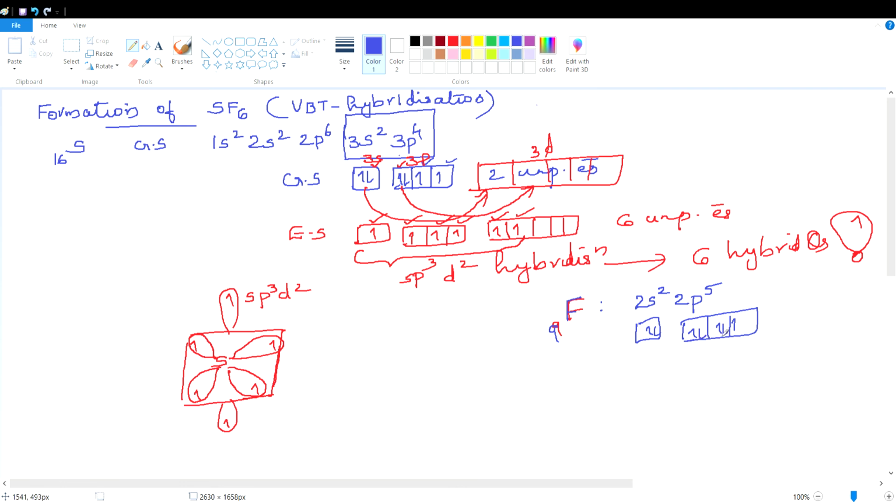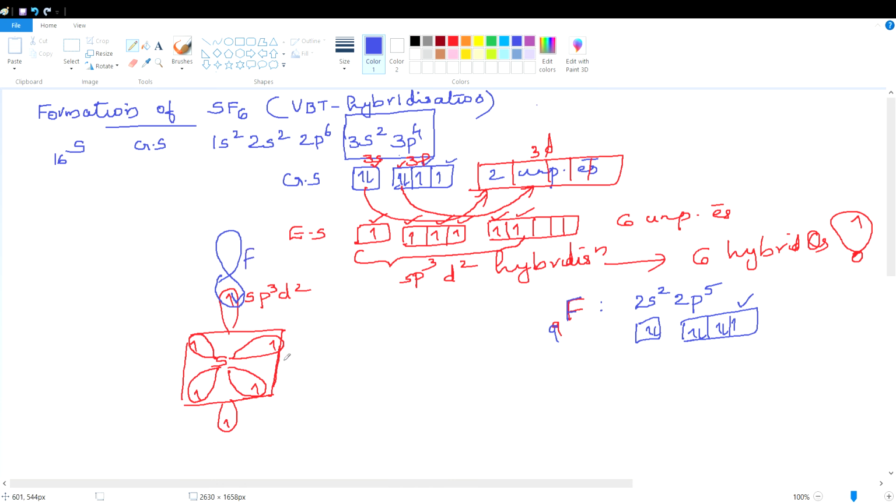Now here it contains a p atomic orbital which is half filled. So each of the sp3d2 hybrid orbitals would overlap with the half filled p atomic orbital of a fluorine atom. So this would be the half filled p atomic orbital of fluorine.